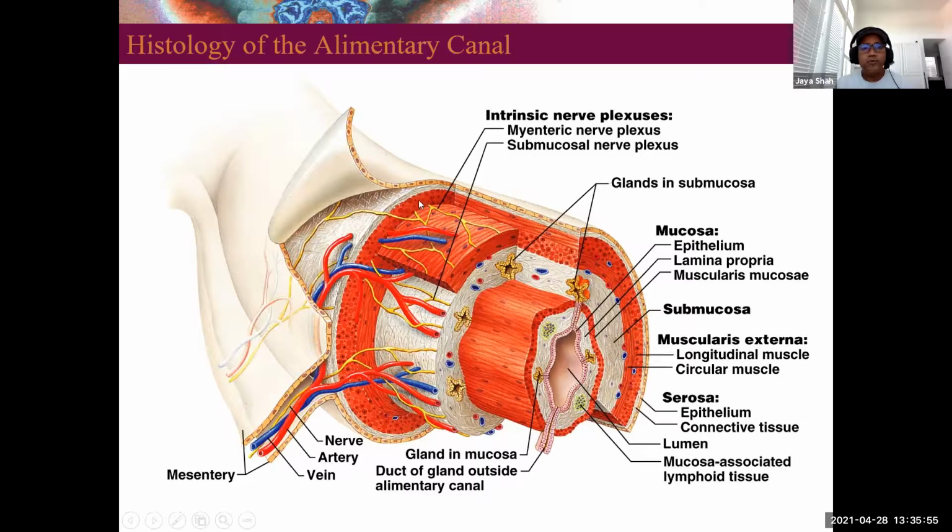The nerve plexus between two layers of muscularis externa, longitudinal and circular, is called myenteric nerve plexus, and the nerve plexus between the submucosa and the circular muscle layer is called submucosal nerve plexus. Myenteric plexus controls the activity of the two layers of smooth muscles, and submucosal nerve plexus controls the secretion of glands in the submucosa.